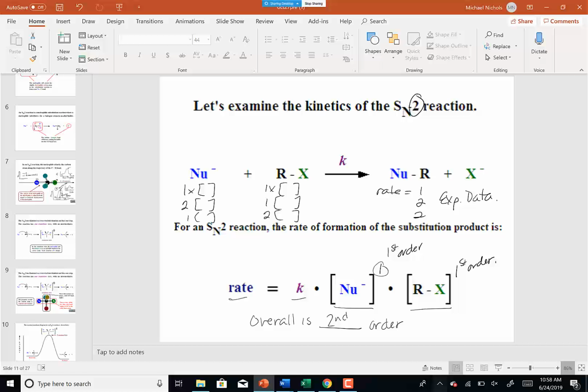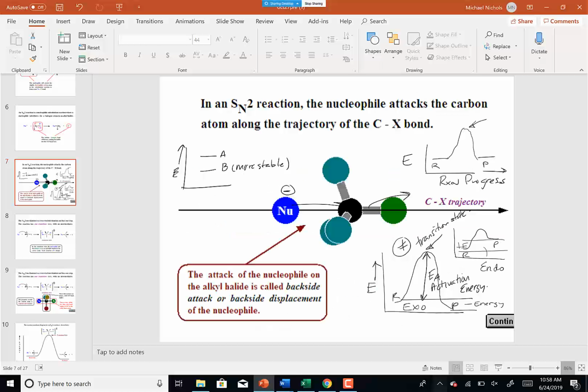And to be honest with you, that's kind of what we've been assuming here. So we're assuming one nucleophile comes in and reacts with one alkyl halide. Now, that is what is called a bimolecular reaction. A bimolecular reaction is a second order reaction because two molecules are colliding in the mechanism.